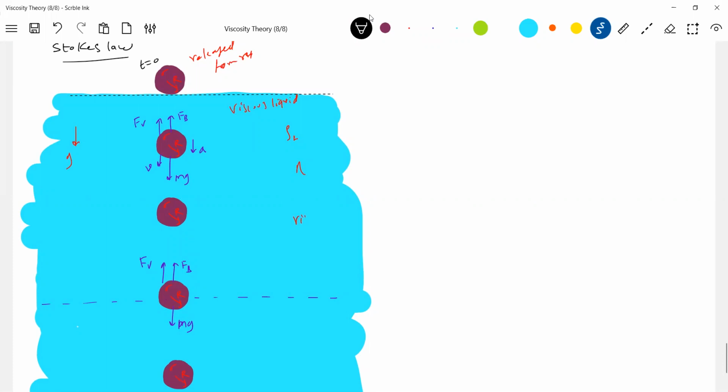It will have velocity v1, acceleration a1, viscous drag, and buoyant force.